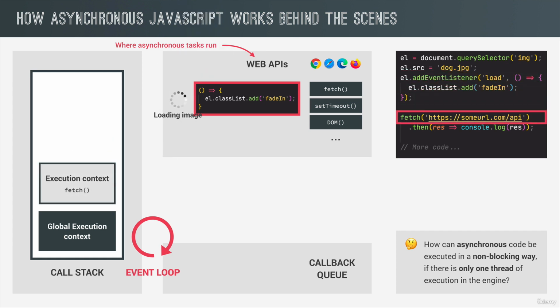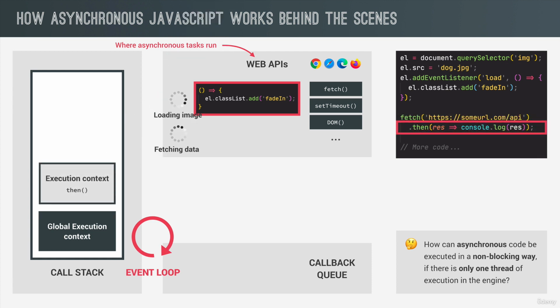And so in the next line, we make an AJAX call using the fetch API. And as always, the asynchronous fetch operation will happen in the web APIs environment. And again, that's because otherwise we would be blocking the call stack and create a huge lag in our application.